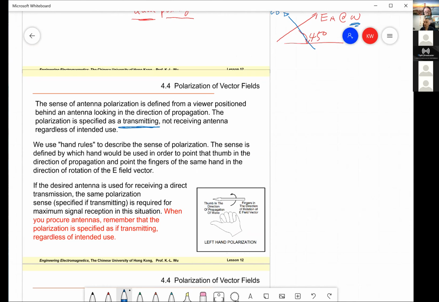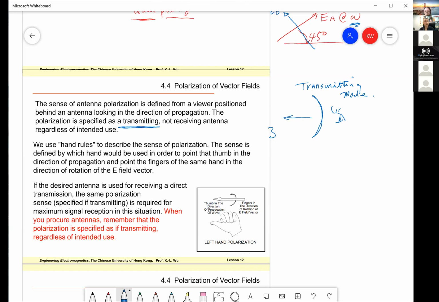What that means is, if I have an antenna sending waves, then I look from the back of the antenna toward the propagation direction to see if it is left hand or right hand. It must be in transmitting mode.